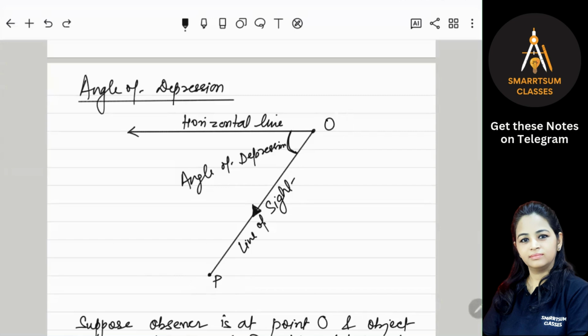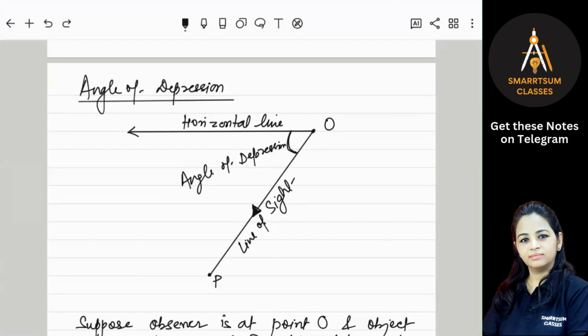So these are the two angles: angle of depression and angle of elevation, and the line of sight. Now, in heights and distances, we have to solve questions where there is some tall building, some observer, some object placed at a building and you are observing from some point. So there must be some angle of elevation, sometimes it may be an angle of depression. That angle of depression or elevation will be given in the question.